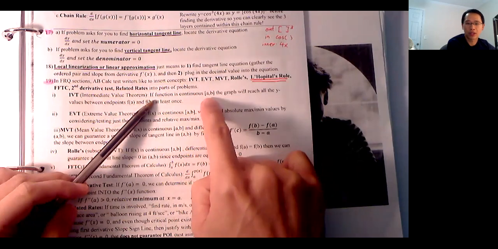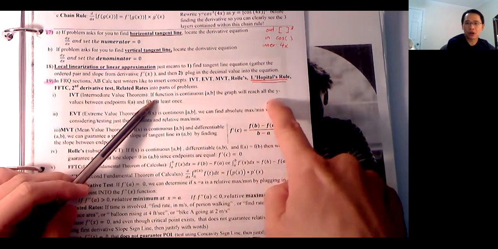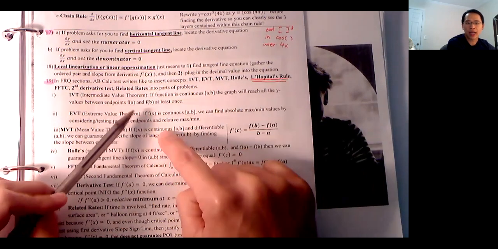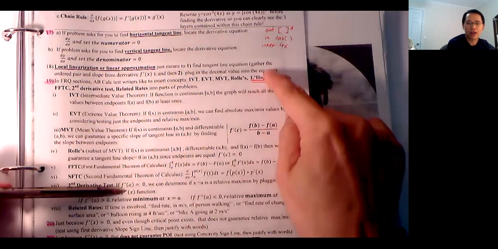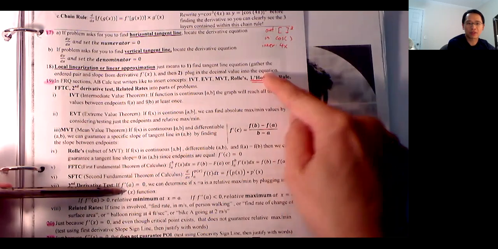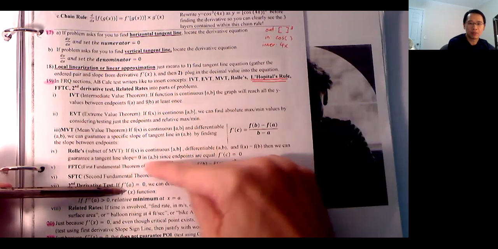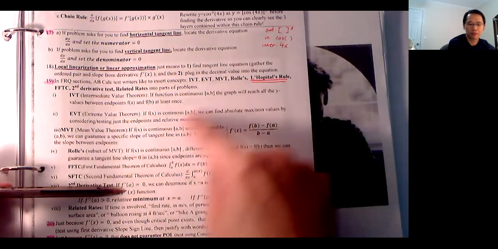That means there are no breaks in the graph. Then the graph is going to reach all the y values between my endpoints. So if I start at a y value of -3 and I end up at a y value of 5, then we can guarantee that the graph is going to cross through a y value of 1 or a y value of 2, because it has to connect through that y value somewhere in between.